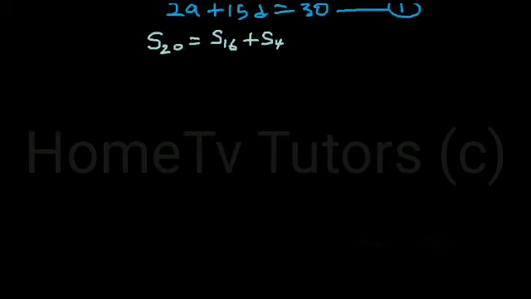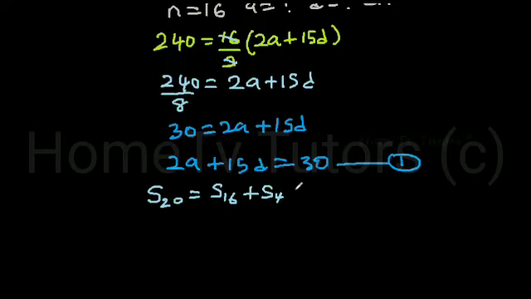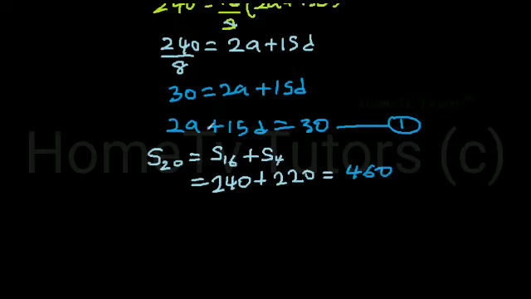That should give us the sum total of the 20 terms. For the 16 terms, remember we are given 240, while for the next 4 terms we are given 220, and that will give us a total of 460. So with this we can derive another equation which will help us find the first term.